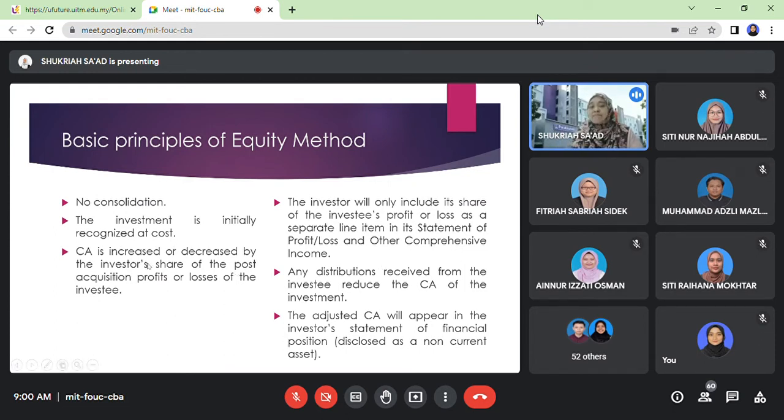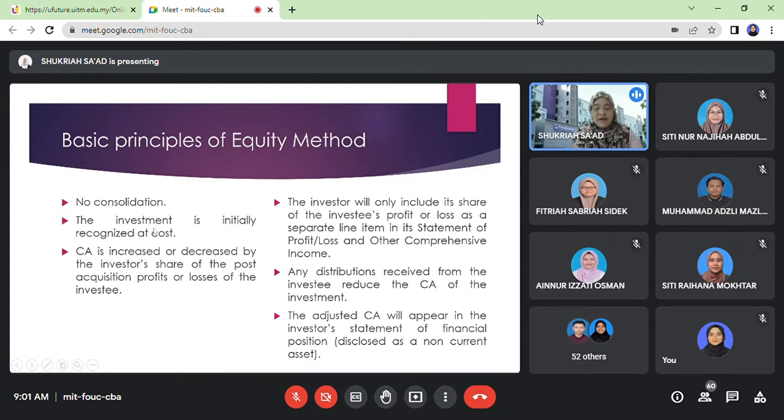So the carrying amount of investment in associate might increase or decrease by the investor's share of the post-acquisition profit of the investee.